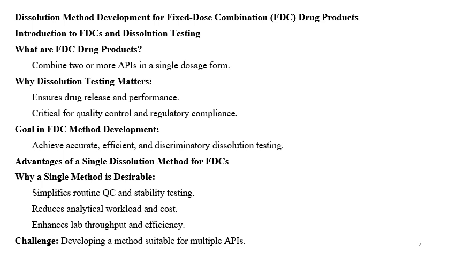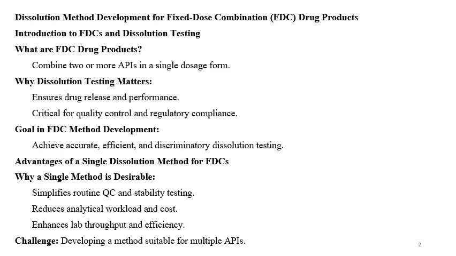The goal in the FDC method development is to achieve accurate, efficient, and discriminatory dissolution testing. As we know, the dissolution method should be robust, should have sufficient discriminatory power, and should be simple, and the specifications are required to be finalized based on the dissolution of BE batches or clinical batches.